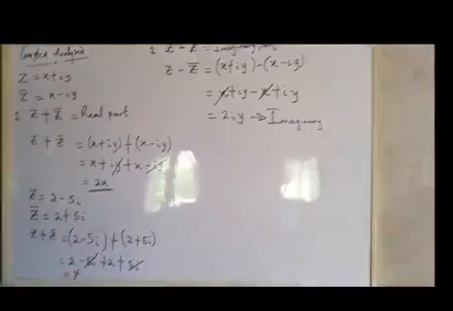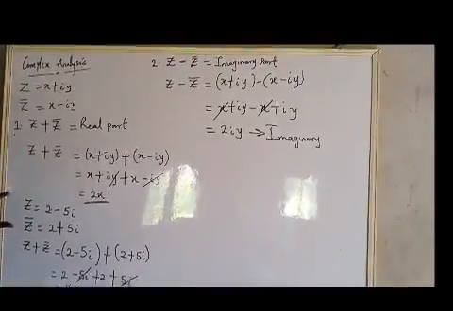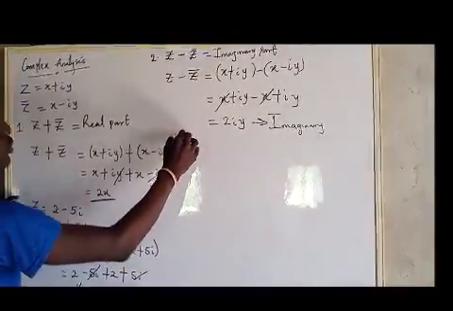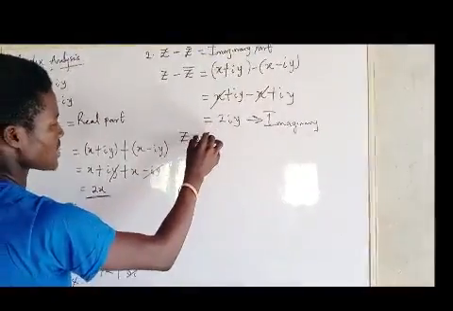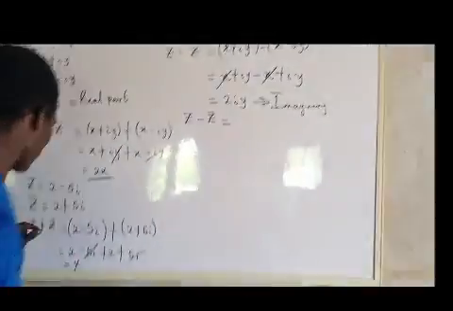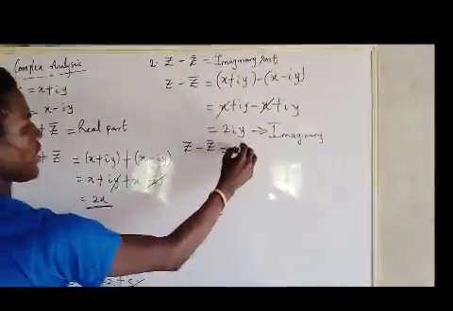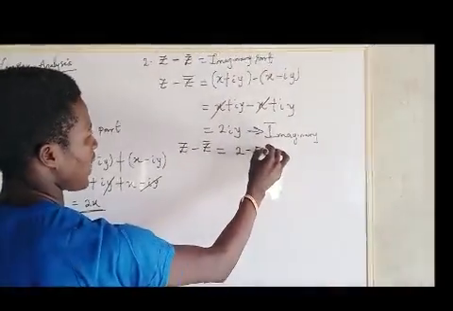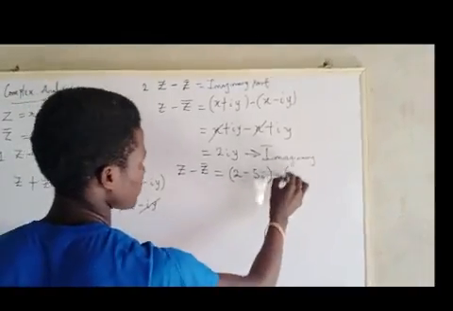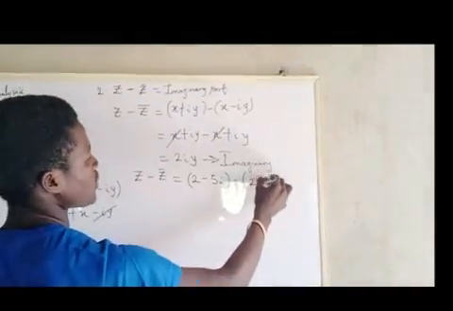So let's use this same example to show that our z minus our z bar will give us an imaginary part. So what's our z? Our z is 2 minus 5i, minus 2 plus 5i.